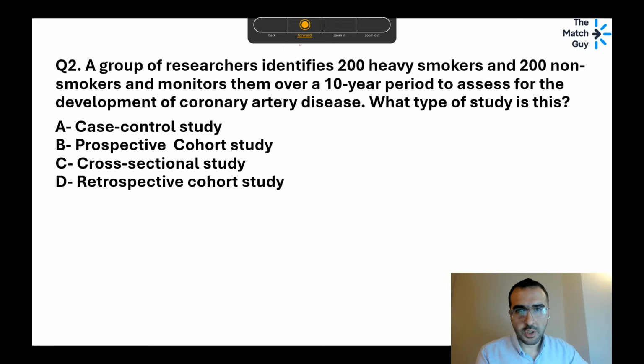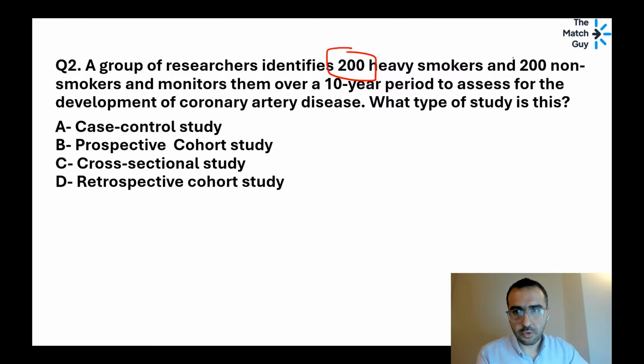The next question, we have also two groups. So with two groups, we rule out cross-sectional studies. And we have case control, prospective cohort, retrospective cohort. As you see here, we have the risk factor itself, smoking, and we look for a disease in the future, which is coronary artery disease development.